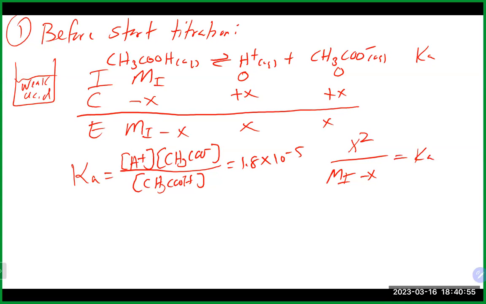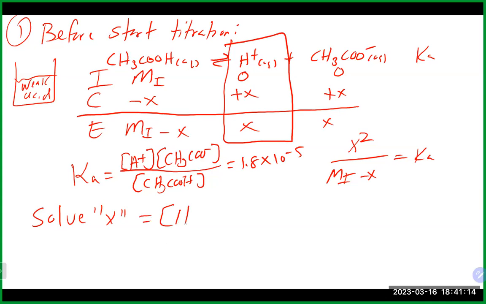We can make an assumption if it looks good. We can solve it however you want to solve it, quadratic, whichever way you want to go. But you would solve for x in this case. And in this particular case, when we do solve for x, as we can see from our ice table, x will equal the H plus concentration, which means you then can calculate the pH from it.